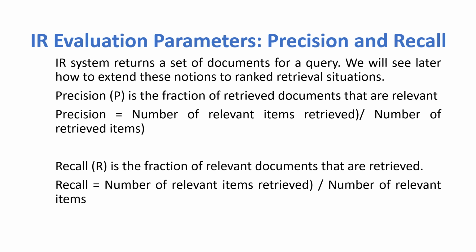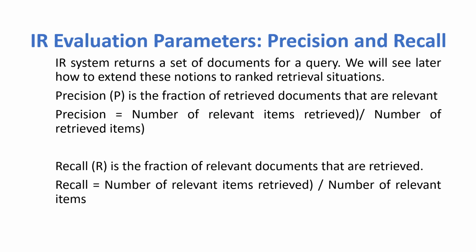We will understand them even closer. So we will look at precision. Precision is the fraction of retrieved documents that are relevant. Precision is defined as the number of relevant items retrieved divided by the number of retrieved items. For example, for a query given by the user, a total of 100 web pages are retrieved by the information retrieval system.